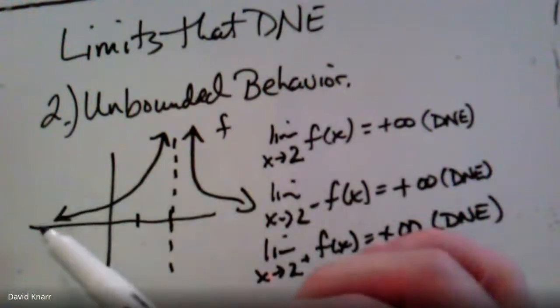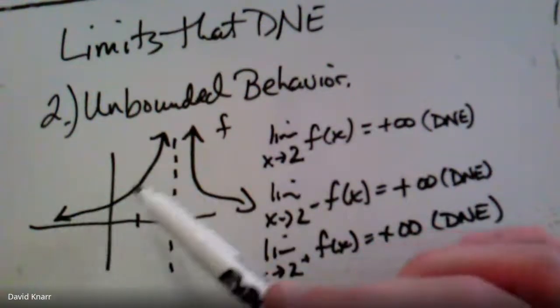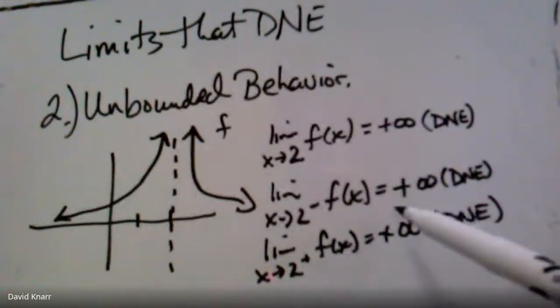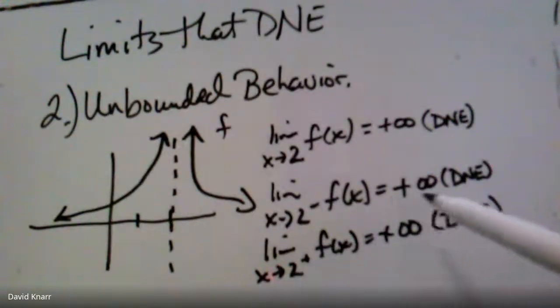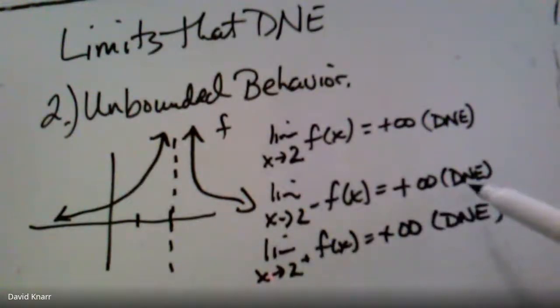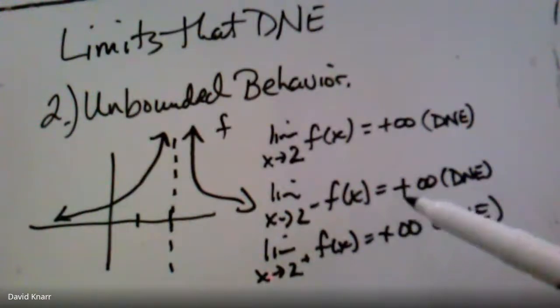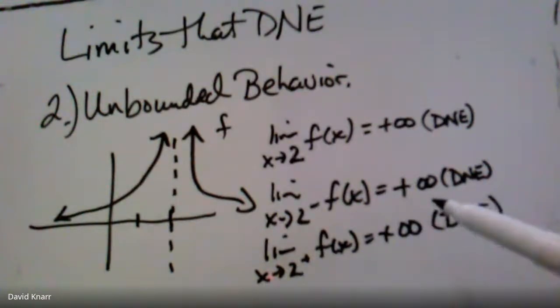You were able to say, as x goes to 2 from the left, this graph goes to positive infinity. So you told me so. Again, technically the limiting value doesn't exist because there is no value that it approaches. It approaches positive infinity. That's not an actual numeric value. However, since we can describe where it goes, we describe it.